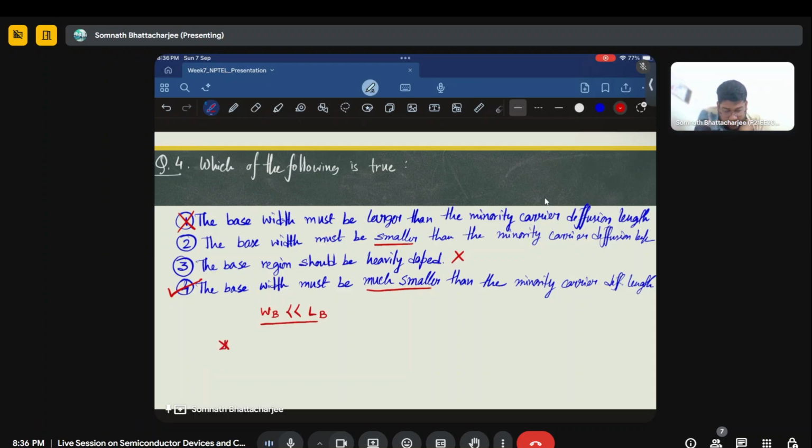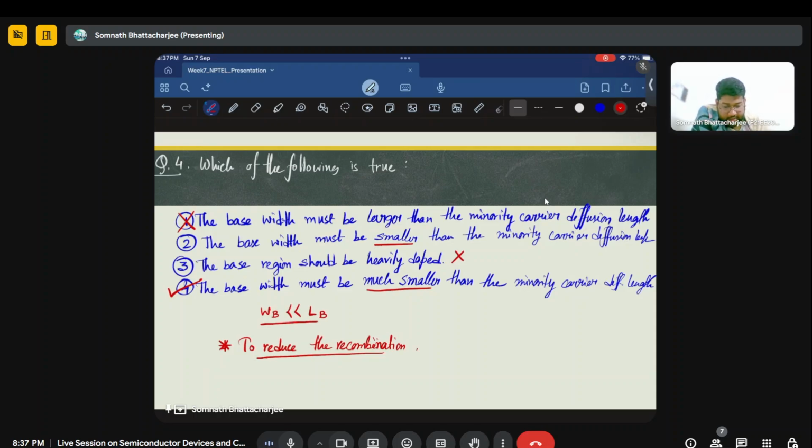So what is our main aim? Our main aim is to reduce the recombination, right? Now the problem with recombination is that the diffusion length defines the average distance traveled by the minority carriers before recombination.